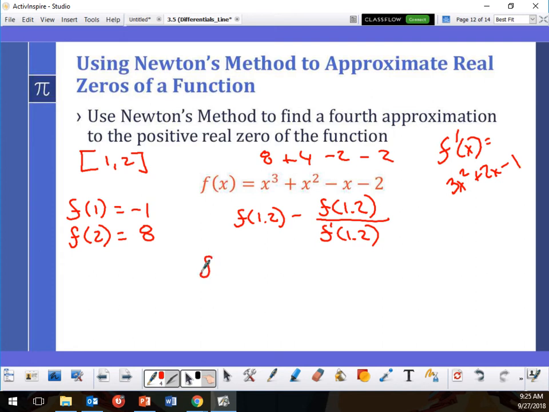So let's try f of 1.5 minus f of 1.5 over f prime of 1.5. If you have calculators, that's the easiest way to actually do this, and you don't have to plug it in every single time.